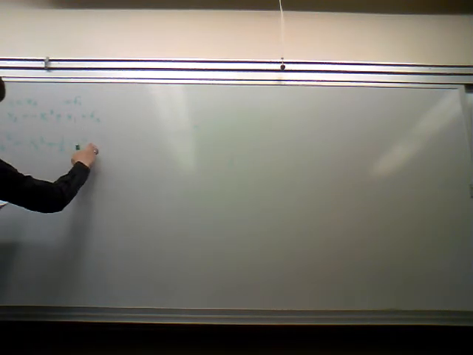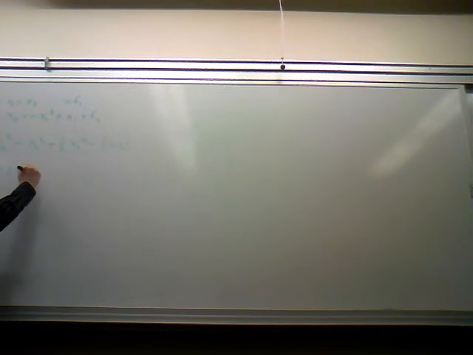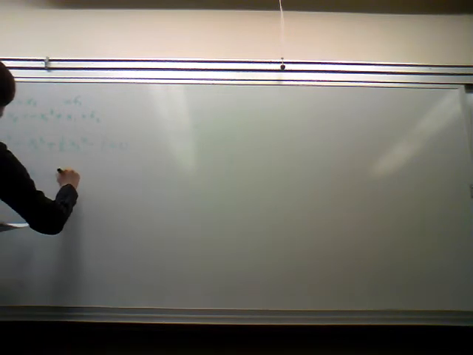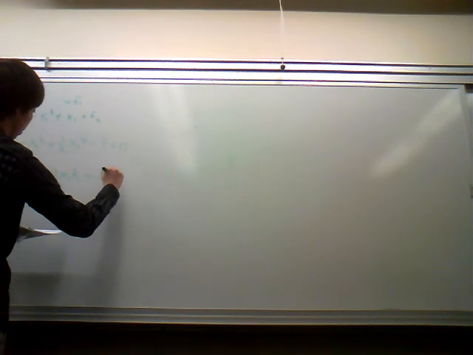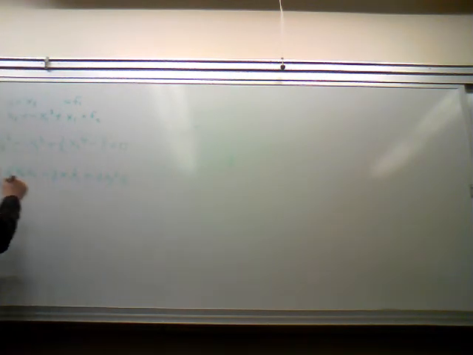So we can define some function f of x equal to this. Then f dot is 2x2 x2 dot minus 2x1 x1 dot plus 2x1 cubed x1 dot, and we substitute stuff in.